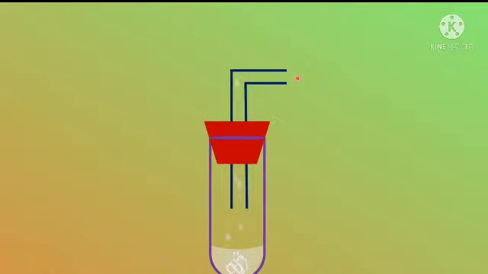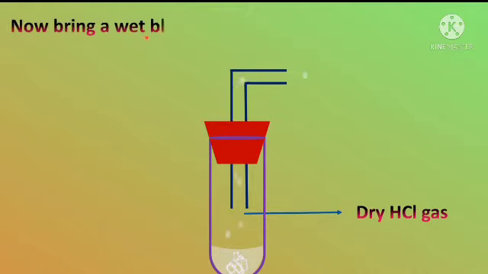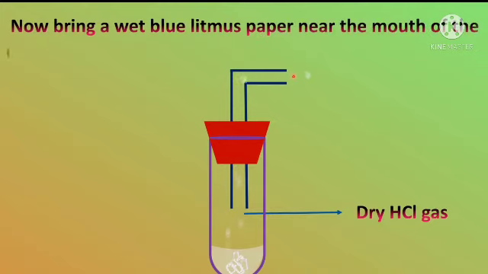Now bring the wet blue litmus paper near the mouth of the delivery tube. Here dry HCl gas is coming out, and we keep the wet litmus paper near the mouth of the delivery tube. Now we will see the wet litmus paper changing to red color.